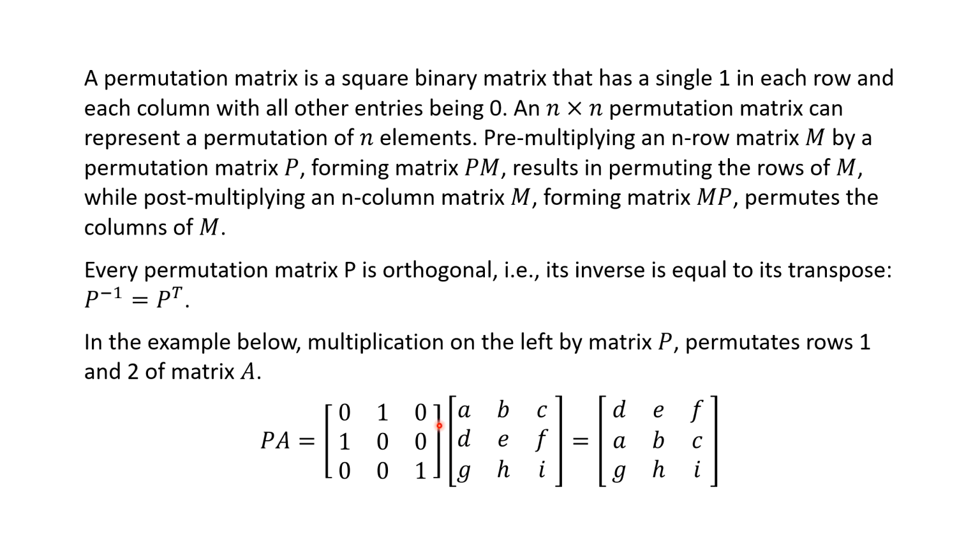Then I'm just giving you another example here of a permutation matrix. So we have this 3 by 3 permutation matrix times this matrix A. And you notice that we're multiplying on the left, so we're pre-multiplying. And that would do a row permutation. So row 1 of this matrix here becomes row 2.